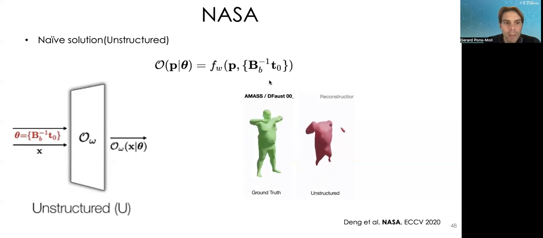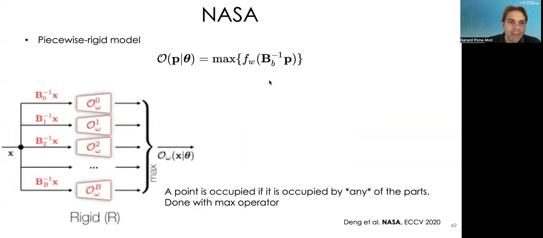All right, so the first thing that we can do to improve this unstructured model, which is the naive solution, which does not generalize to new poses, is to incorporate what is called a piecewise rigid model. So what this model is going to do is, for every point in the pose space, unpose it according to each of the parts.